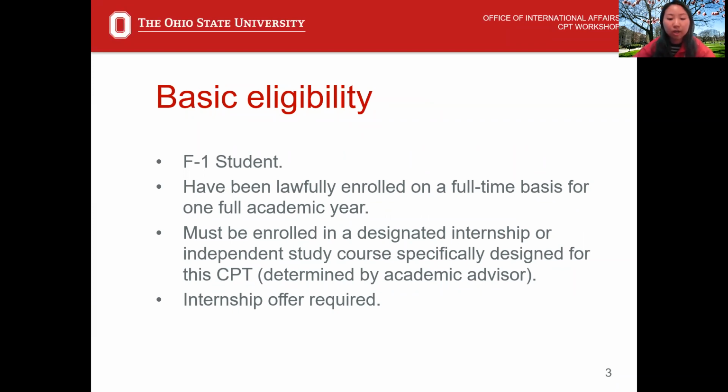And to connect it with the fact that it has to be part of an established curriculum, the student must be enrolled in a designated internship or independent study course specifically designed for this CPT. This will be determined by the student's academic advisor in the curricular practical training application form, and they must have an internship offer required. And that will come in the form of a job offer letter that we will go over later as well.